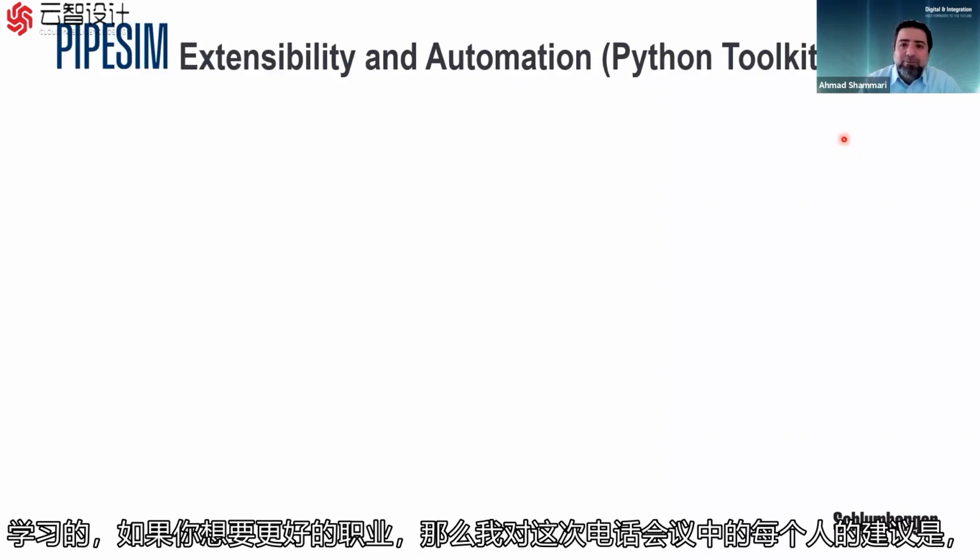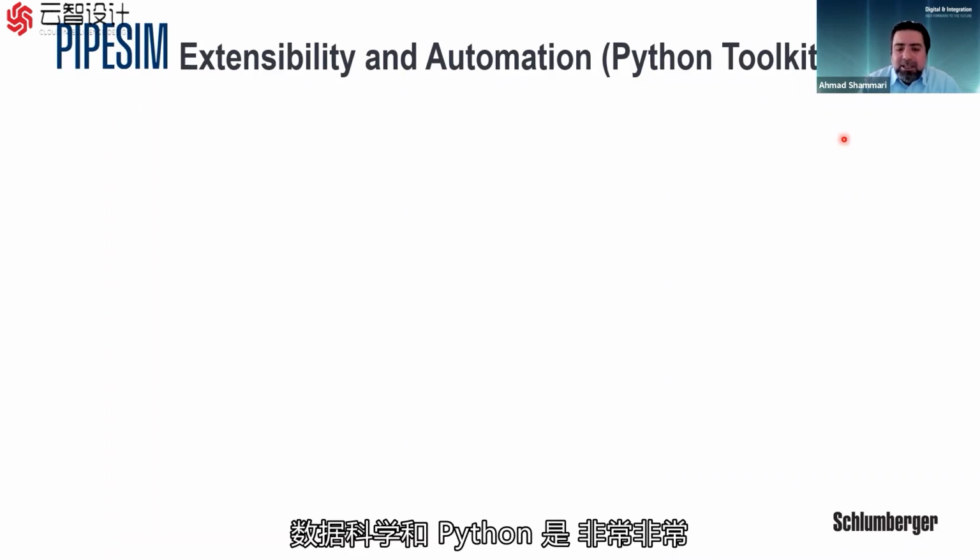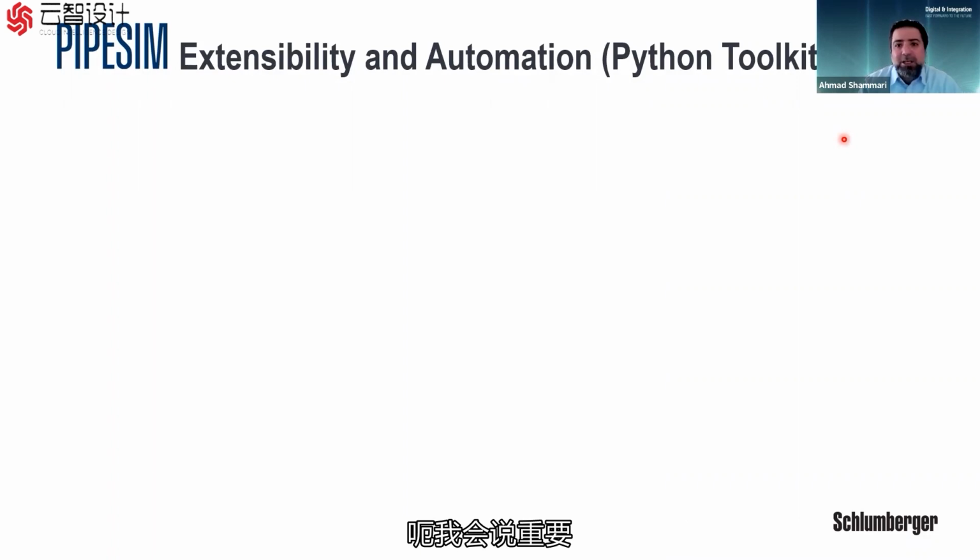And my advice to everyone in this call here, if you want a better career, right, data science and Python is a very important learning essential for you. You need to learn data science. You need to learn Python, even if you are a normal petroleum engineer.